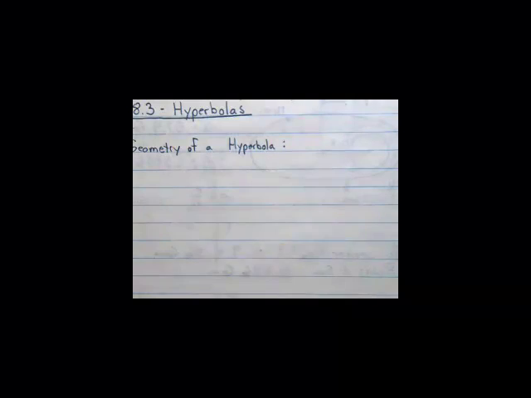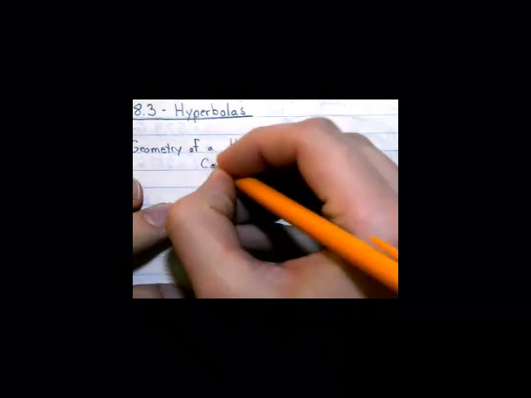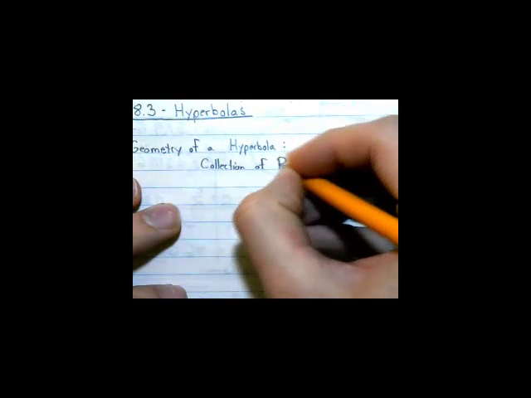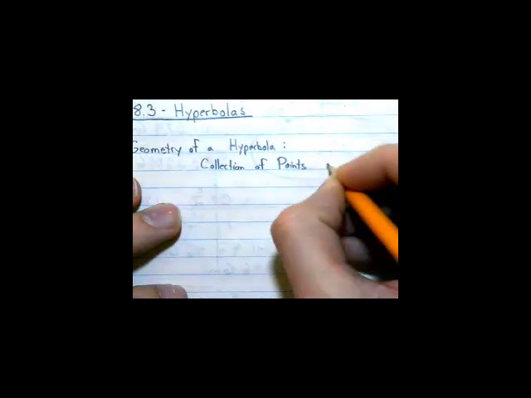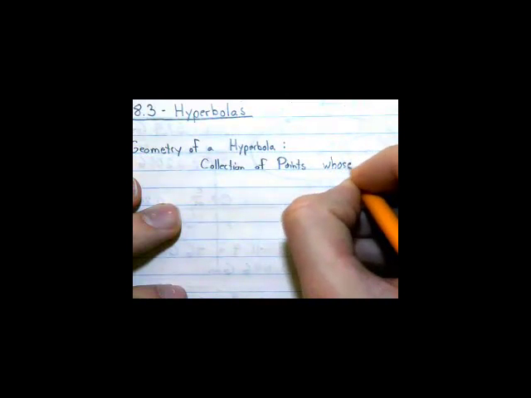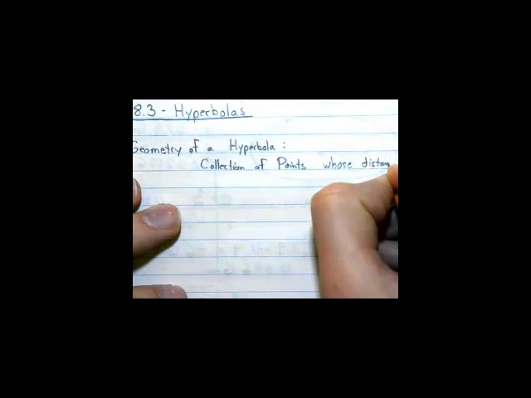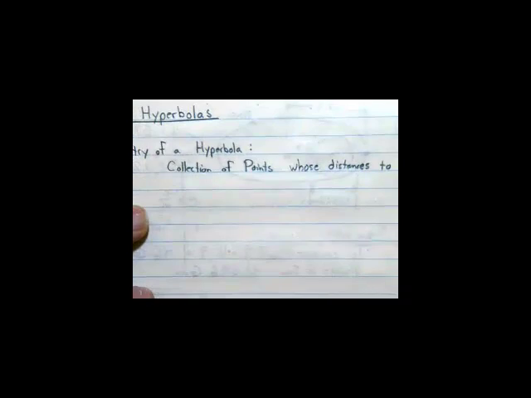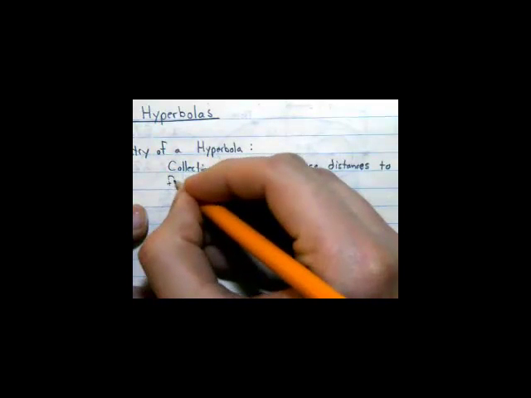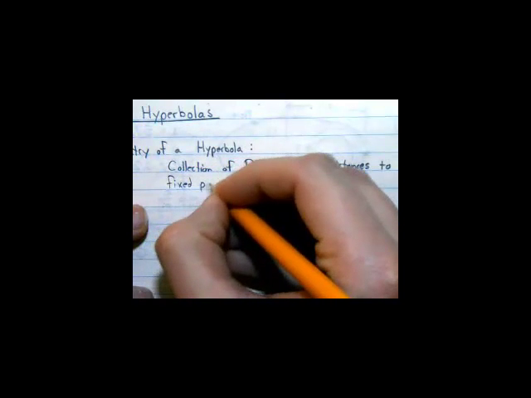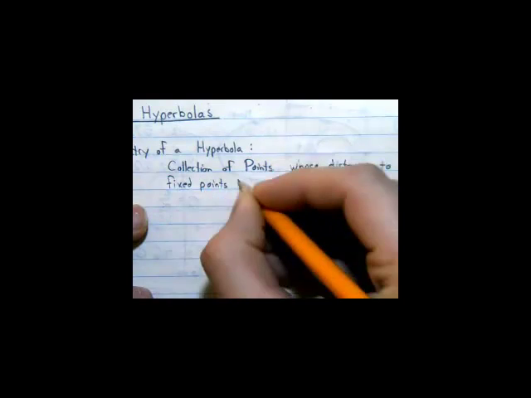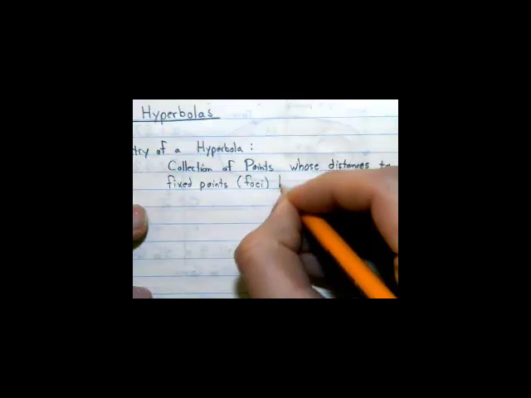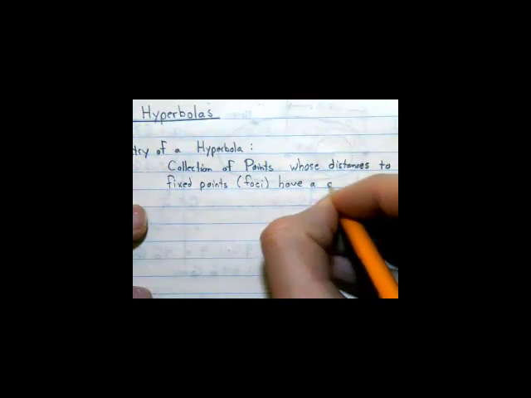Okay? So, it's a collection of points, again, whose distances to two fixed points, again called foci, have a constant difference.